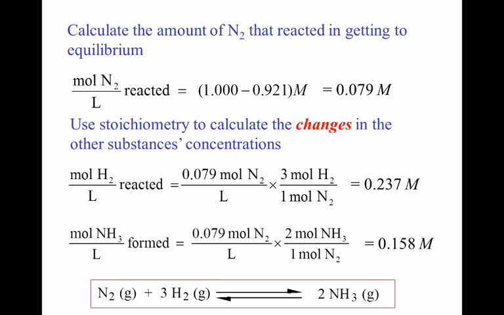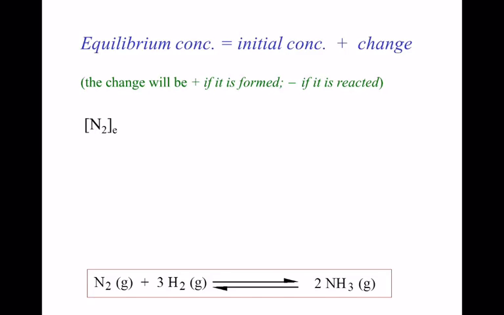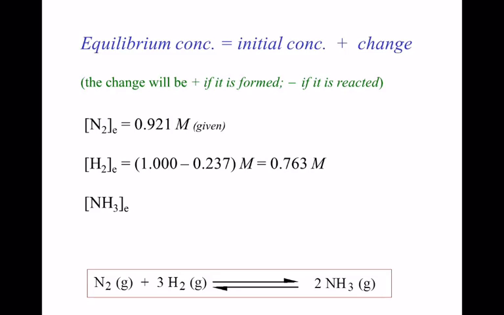So if you buy that, then in an ICE table, the next step is to basically apply the change. What we do in an ICE table is take your initial, apply the change, and come up with an equilibrium concentration. So on this slide, for instance, for H2, we started out with 1.00 moles per liter.